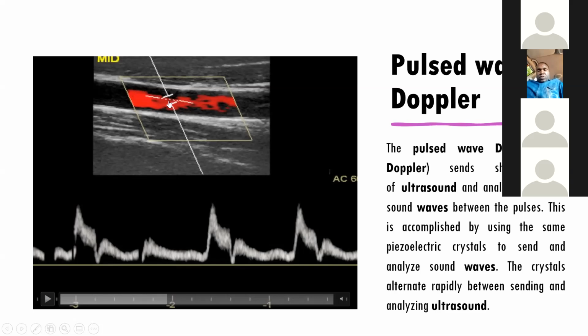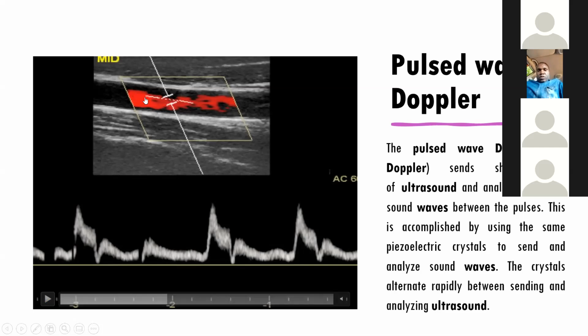This is the first criterion. Then we will get information on the blood flow, because this is peak systolic velocity, this is end diastolic velocity. If you place the sample volume in the center of the blood vessel, then you will get the highest velocity.